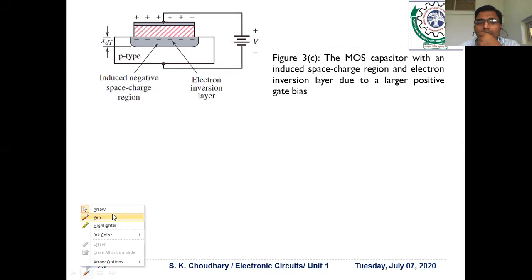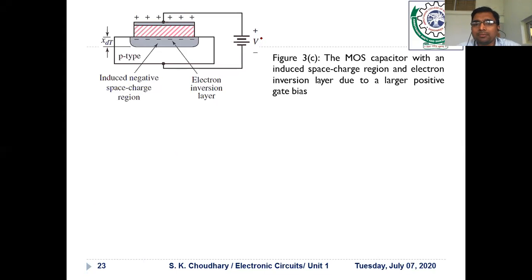Now what I am saying is, as you increase the value of this voltage, more force would be applied to these holes, and these holes would be pushed more away from this interface. And because of that, what happens? The minority charge carriers here are the electrons.